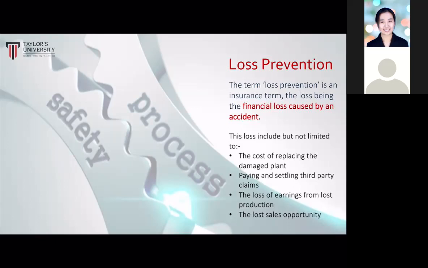So the company will have to pay all of it. There is also the loss of earnings from lost production, where you stop production because the plant is damaged, and the loss of sales opportunity. So loss prevention is where we study how to prevent all these losses.